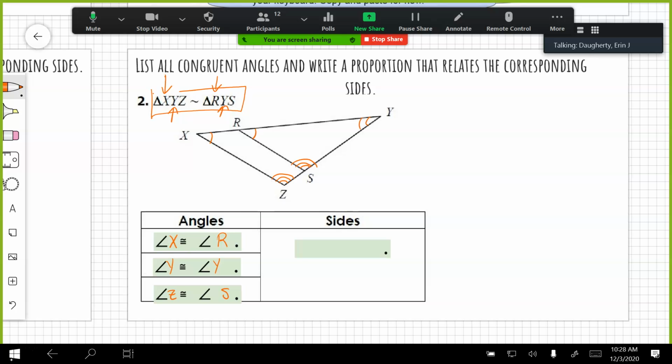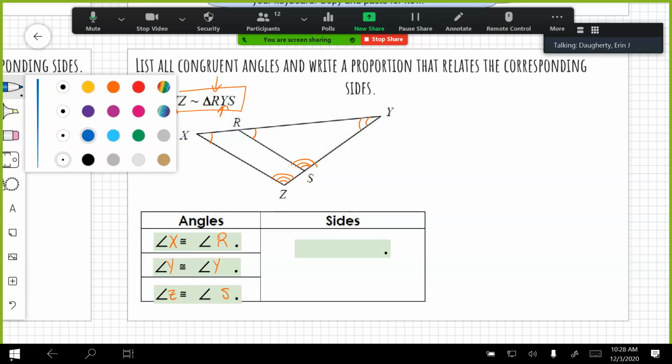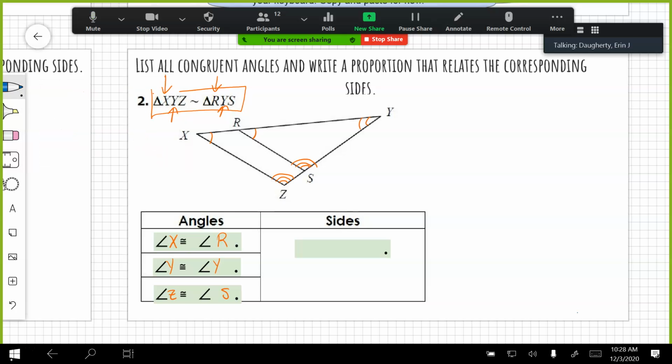All right, now we're going to go ahead and take a look at sides. So when we're talking about the ratio of the side lengths, Teddy, can you give me one side length? Just any side length.